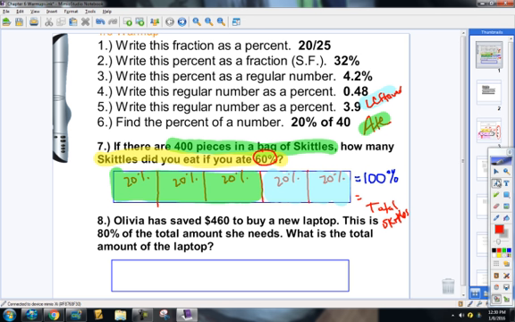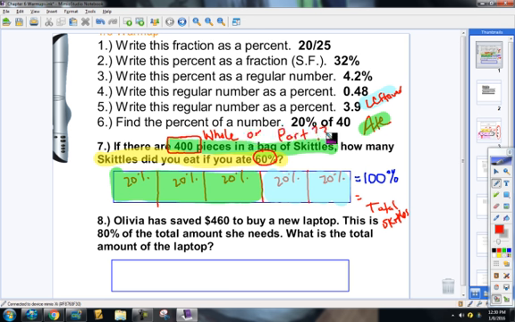Yes. Okay, good. Now, really what this comes down to after you've broken this down is you have to be able to figure out, and this is the hardest thing about this, I believe. I think this is what makes this challenging. You have to figure out whether that 400, the 400 Skittles, because they told you there were 400 Skittles, is representing the whole entire strip or if it's representing just part of the strip.